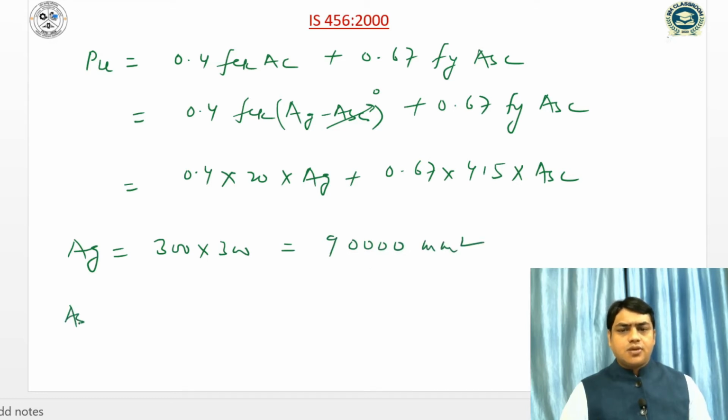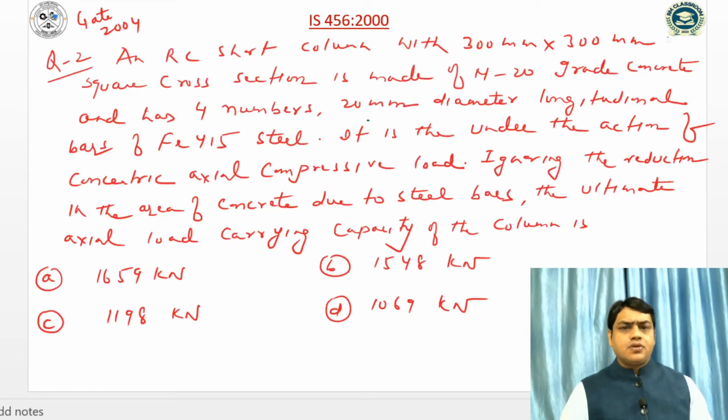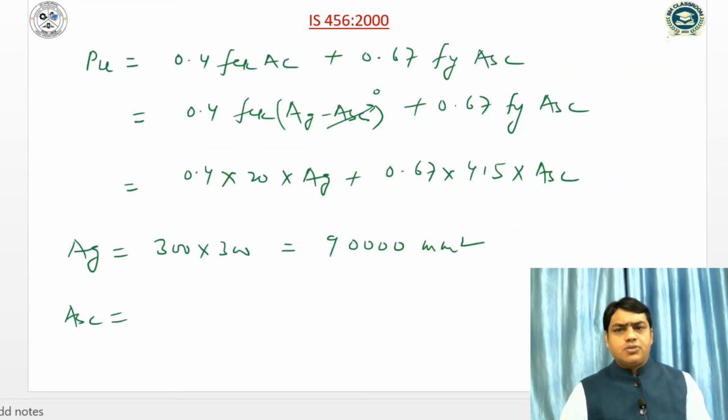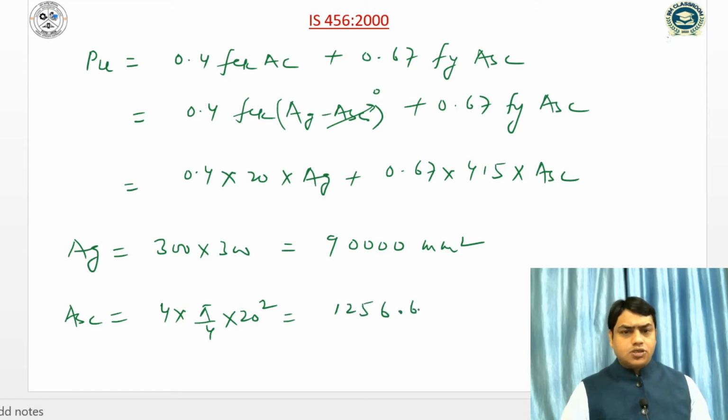and Asc can be computed as 4 bars of 20 mm diameter. So 4 into pi by 4 into 20 whole square, so it will be 1256.64 mm square.